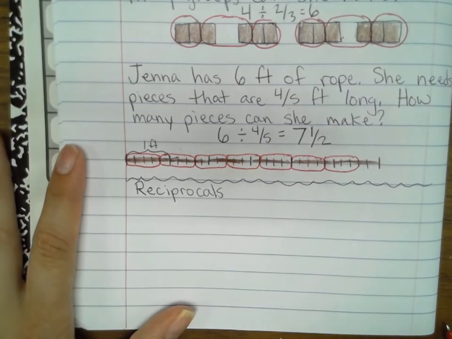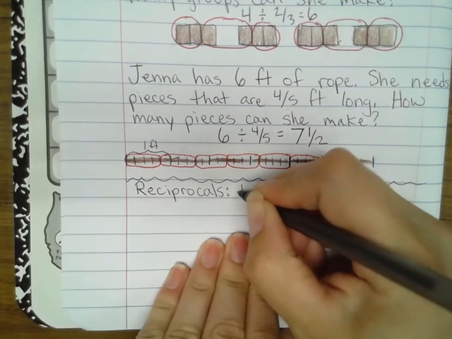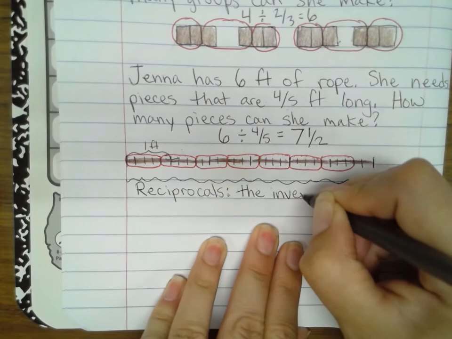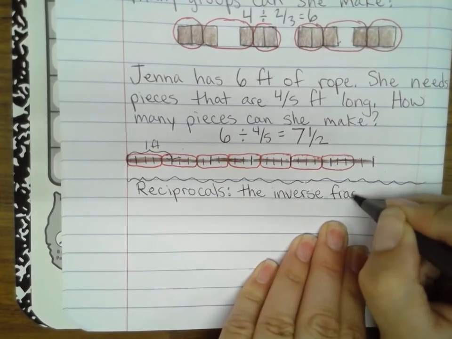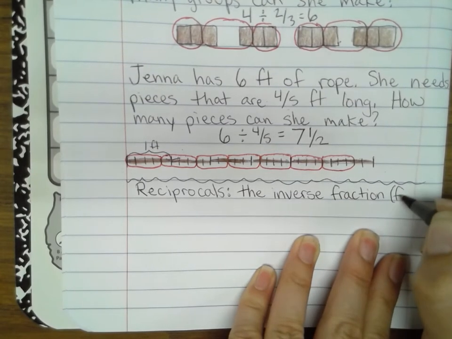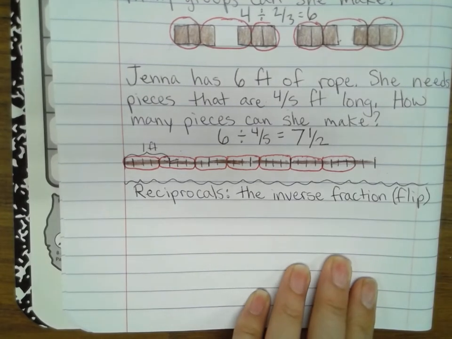Reciprocal of a fraction just means the inverse fraction. In parentheses, I want you to write flip. So if I want you to write reciprocals of fractions, all you need to do is flip the numerator and the denominator, meaning the top needs to be on the bottom and the bottom needs to be on the top.